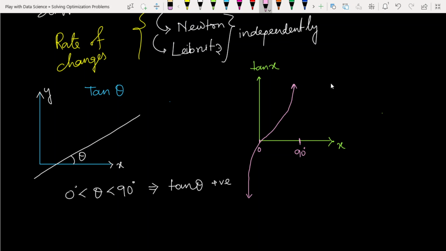After that it takes values like this. I think you all know about this. Simply Google it, then you can easily find it.